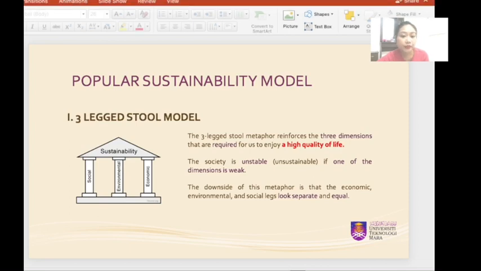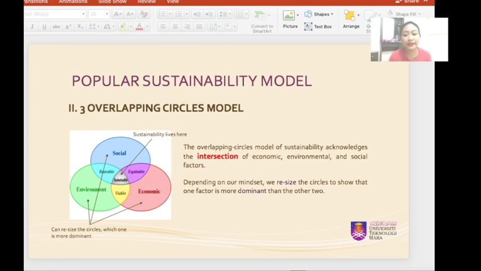For the next one, which is the three overlapping circles model. The overlapping circles model of sustainability acknowledges the intersection of economic, environmental, and social factors. Depending on our mindset, we can resize the circles to show that one factor is more dominant than the other two. So either social, economic, or environment is more dominant than the other two.